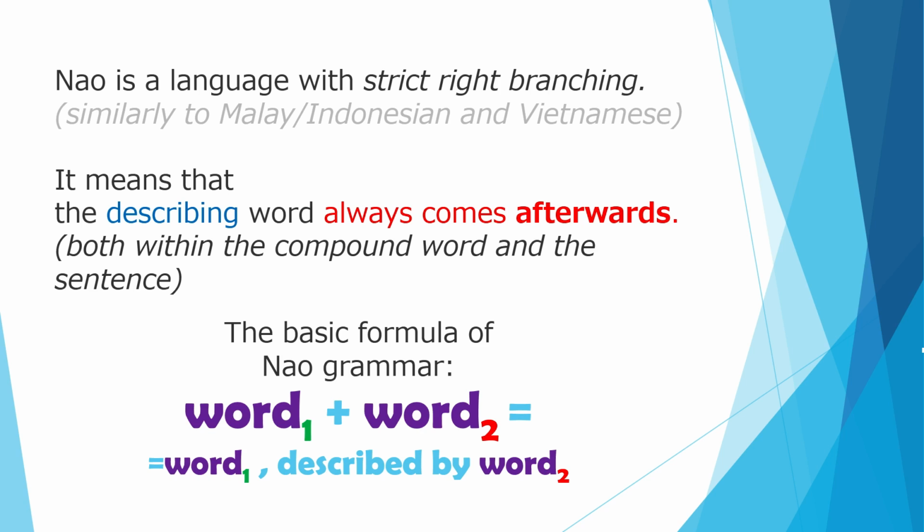So if you write it as a formula, you will see that word 1 plus word 2 equals word 1, comma, described by word 2. So this formula is gold, okay? Because with this formula, you can master the whole language. So let's see on the examples how this formula works. Let's see it in action.